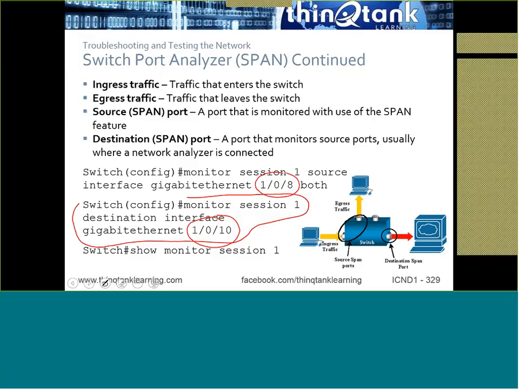What if you wanted to see traffic flowing between 2 hosts? You would do a monitor source inbound here, monitor source outbound there, monitor source inbound, monitor source outbound. You can't really filter it per se, but at least it gives you comparative information. You can compare the information you're receiving from one interface to the other interface.